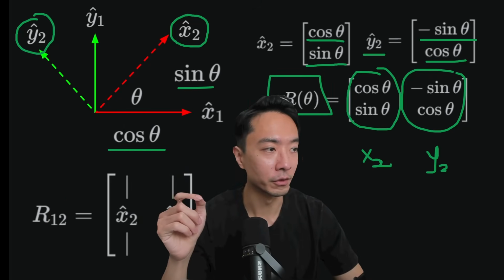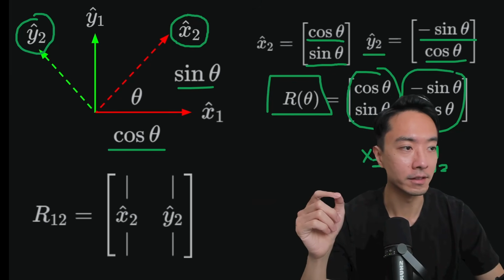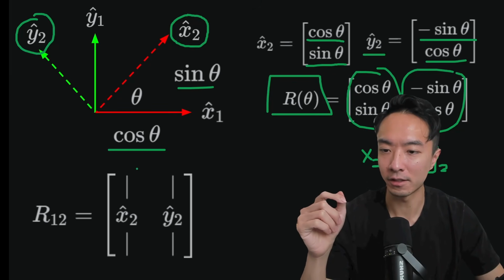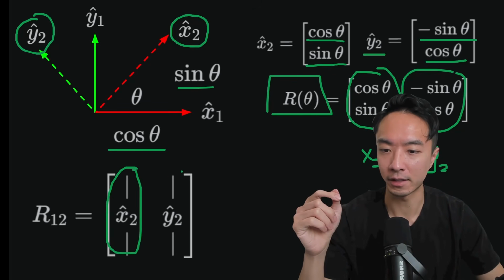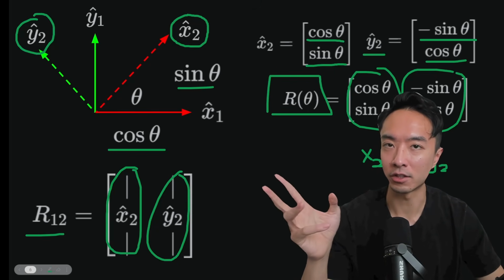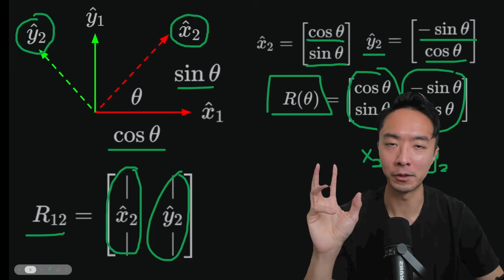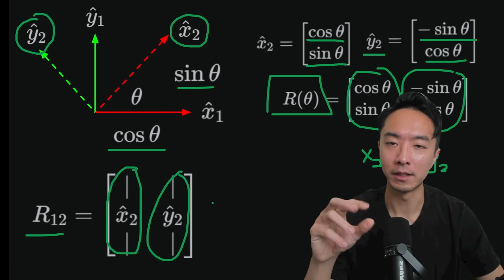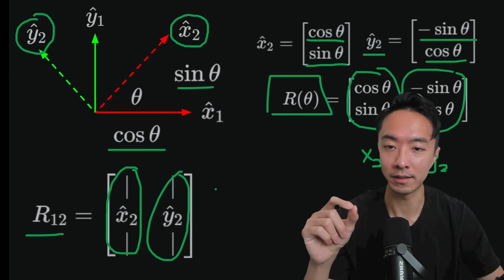So if I scoot over, you can see right here, this is yet another representation. So these are the column vectors x2 hat and y2 hat. So you could sometimes see it in this notation R12, meaning going from frame 1 to frame 2. This is a rotation matrix that takes it there.